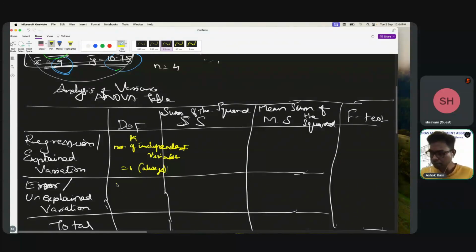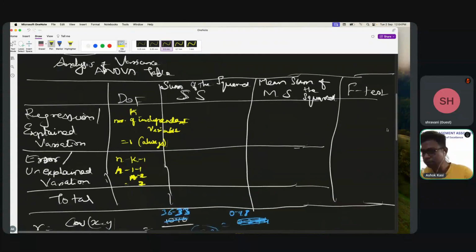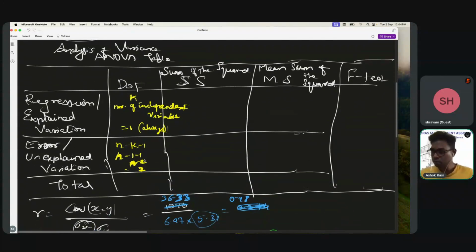Here degree of freedom is n minus K minus 1. So n is 4 minus 1 minus 1. In other words, I can even say n minus 2. Degree of freedom is n minus 2. So that is equal to 4 minus 2, that is equal to 2. Total will be 1 and 2, 3.